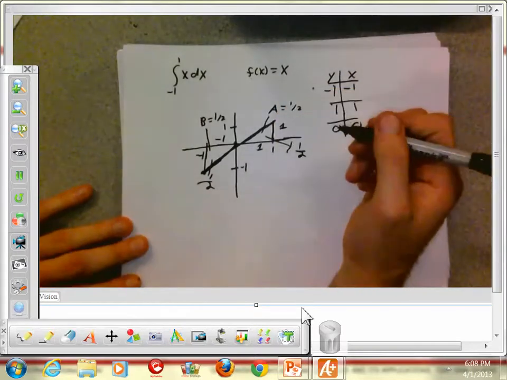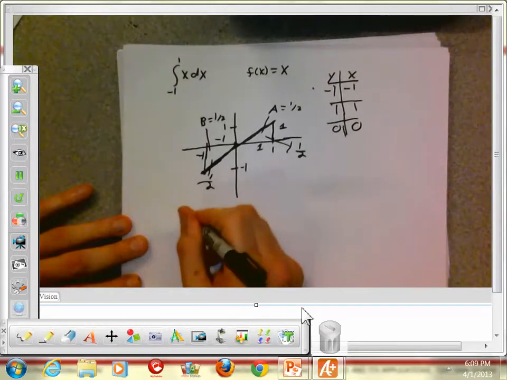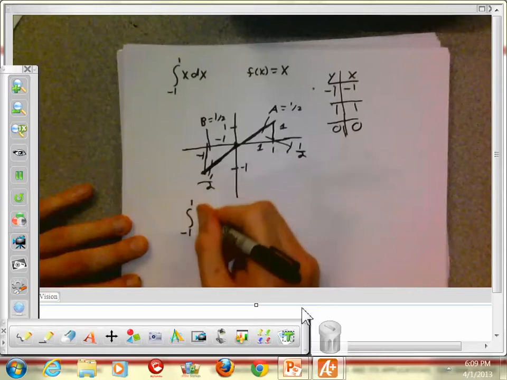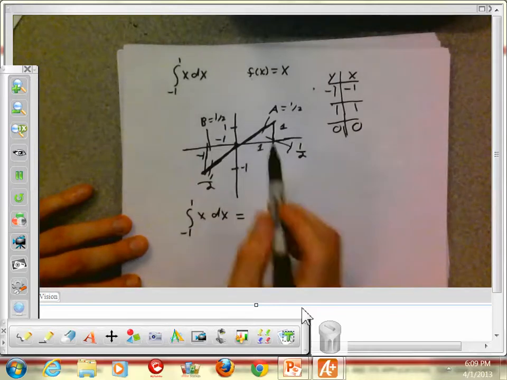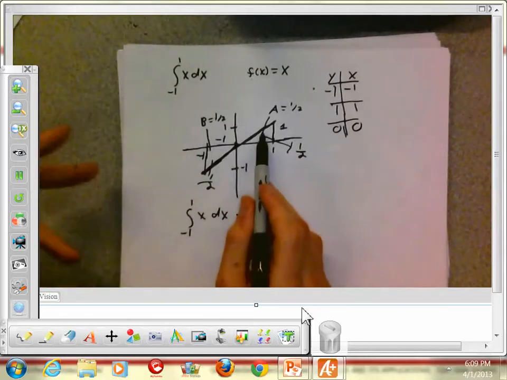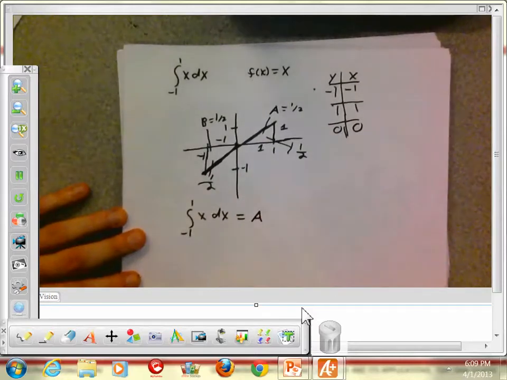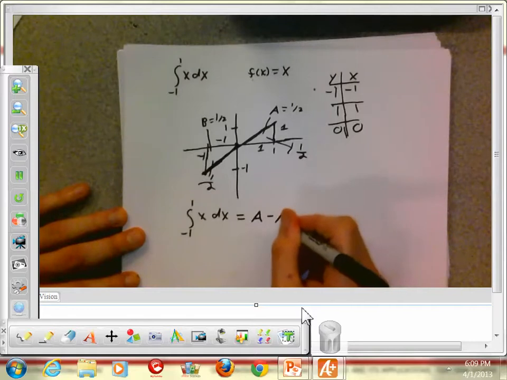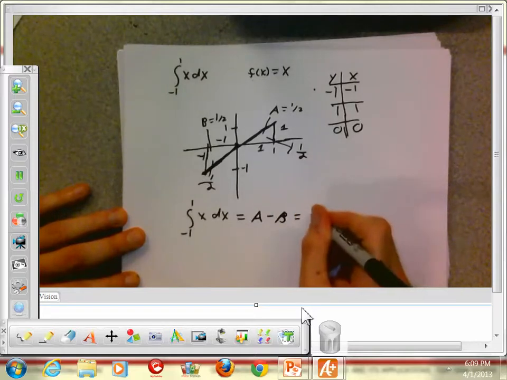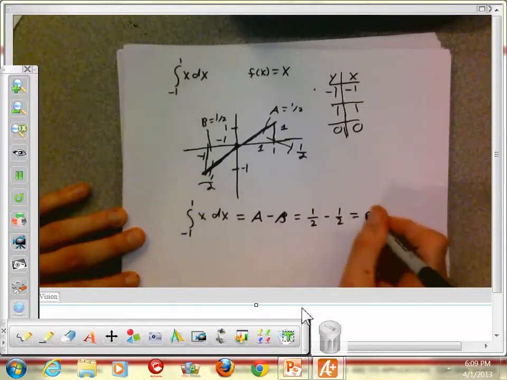So according to our definition, we have the definite integral from -1 to 1 of x dx is going to be equal to the area where the curve is above the x-axis, which is going to be A, and the area between the curve and the x-axis where the curve is below the x-axis is going to be B. So this is going to be A minus B, which is going to be, what is A? 1/2, what is B? And that gives us an area of 0, right?